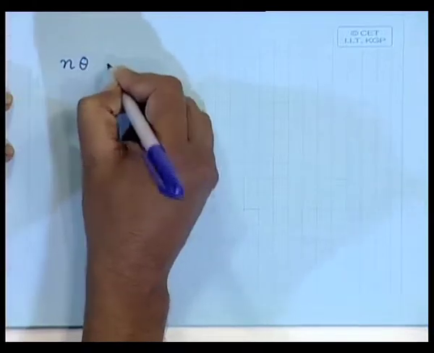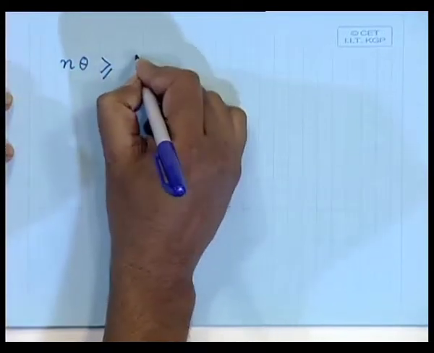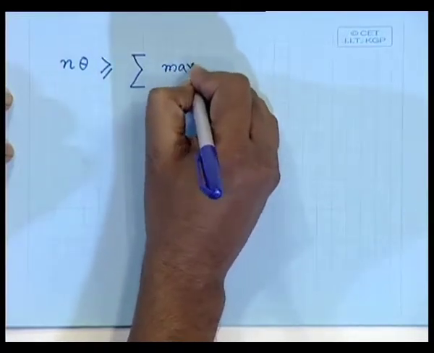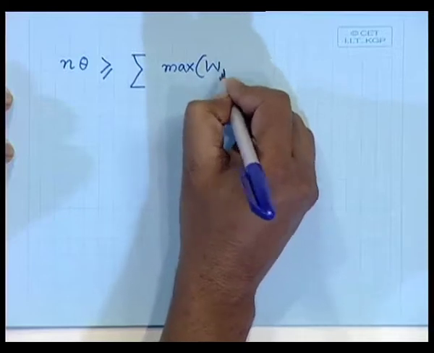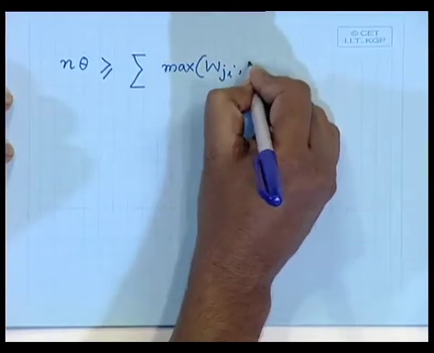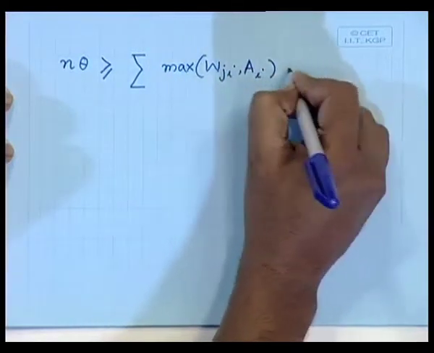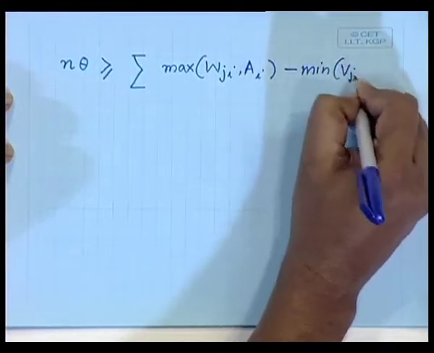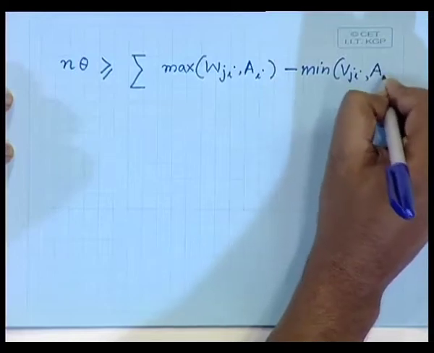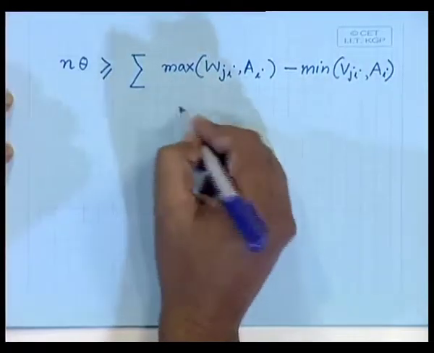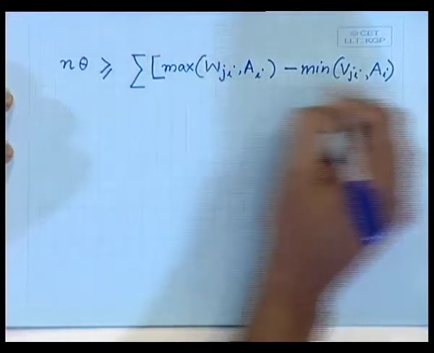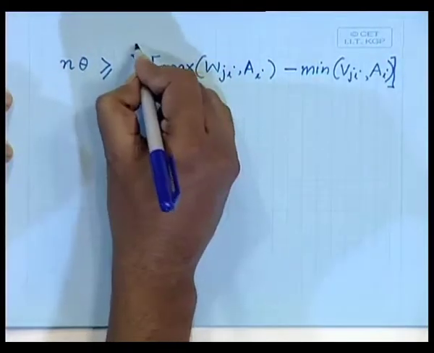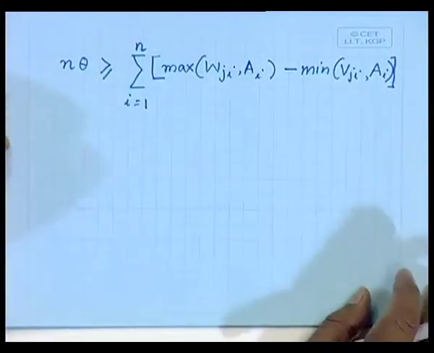n theta is greater than or equal to the summation of maximum of Wji, ai minus minimum of Vji, ai, with i varying from 1 to n, when I have n number of dimensions.